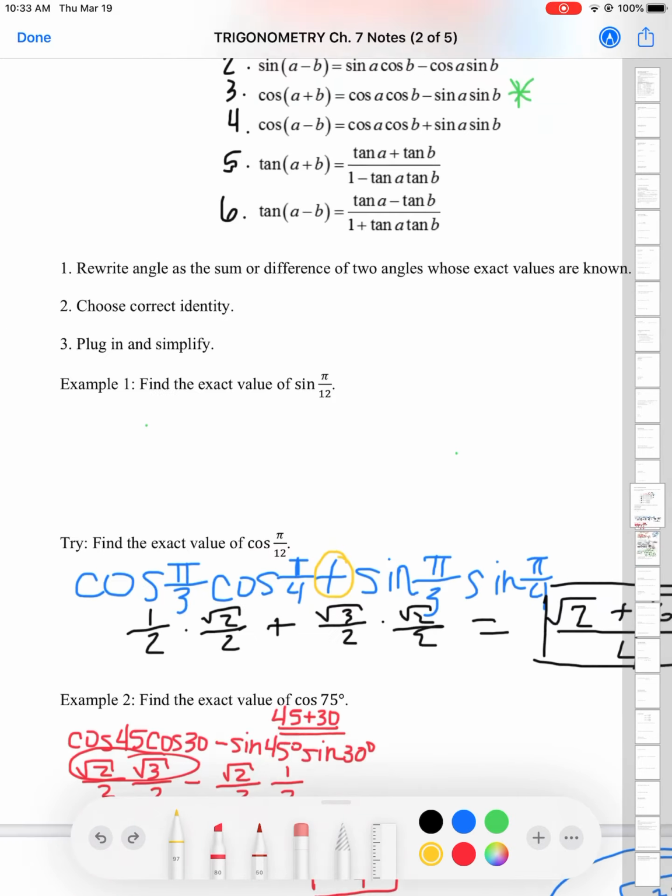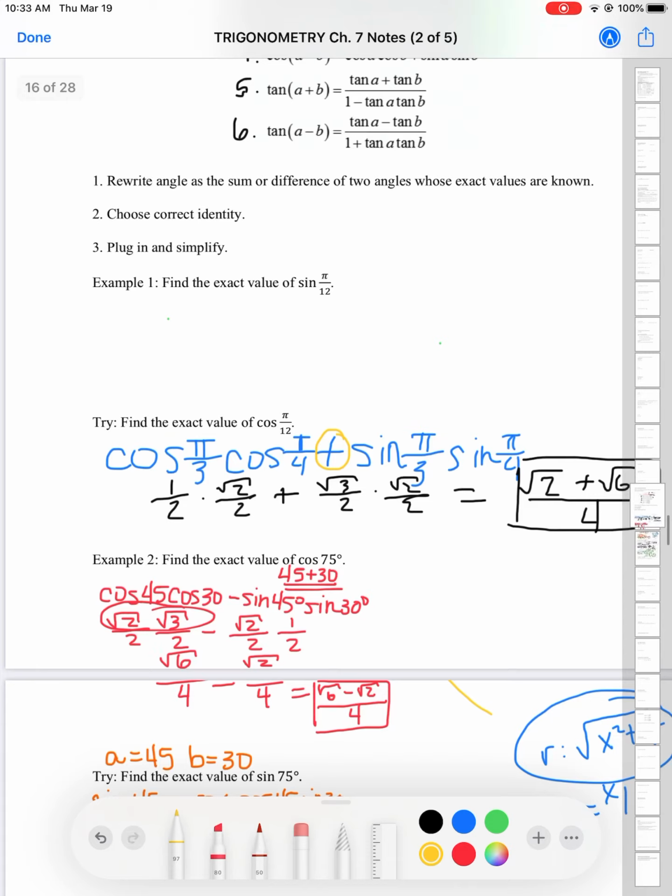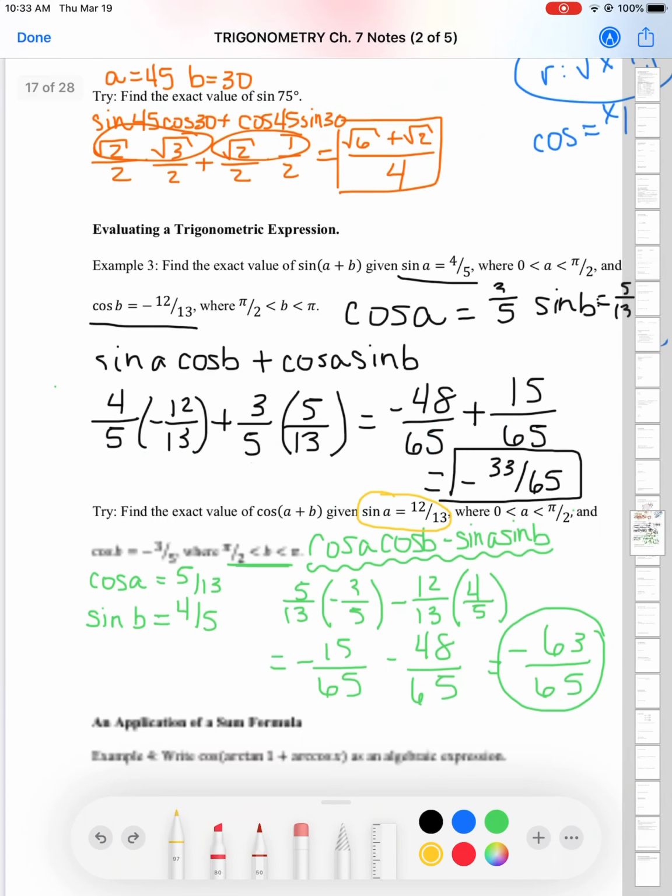Down here, they're actually giving you sine A equals 12/13. So the sine of A is equal to 12/13. So you're going to plug that whole value in for whatever you have in your formula, all right?